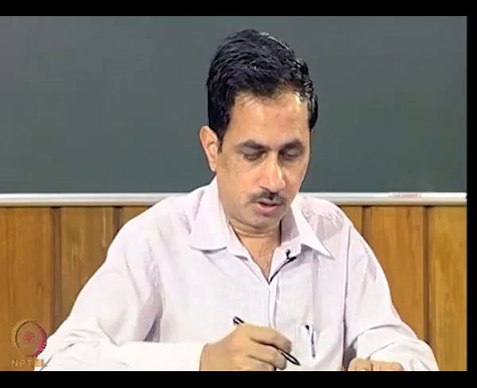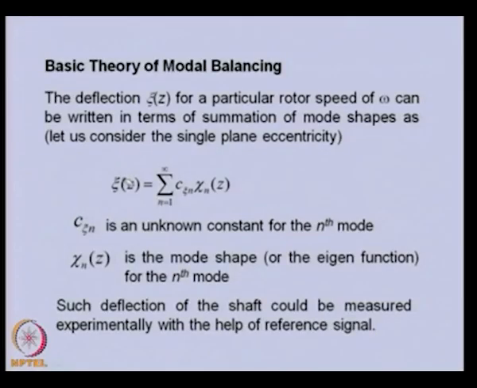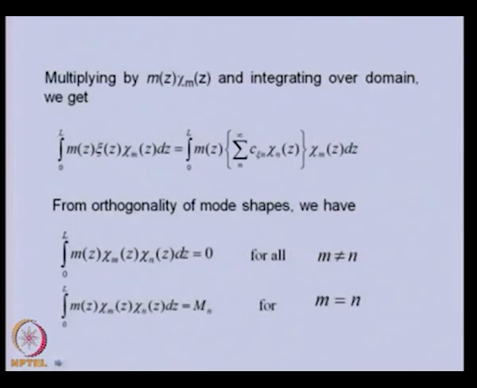Now, for that particular expression, we are again multiplying both sides by a different eigenfunction and the mass per unit length, and integrating over the domain. So the previous expression we have multiplied by two terms and integrated over the domain. Here we can again use the orthogonality condition to simplify this.